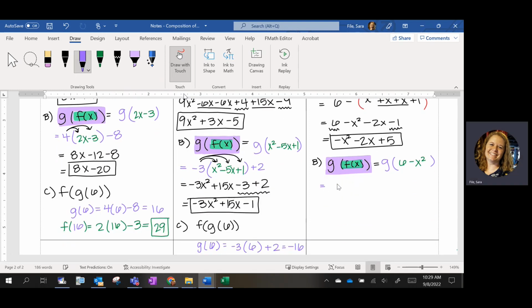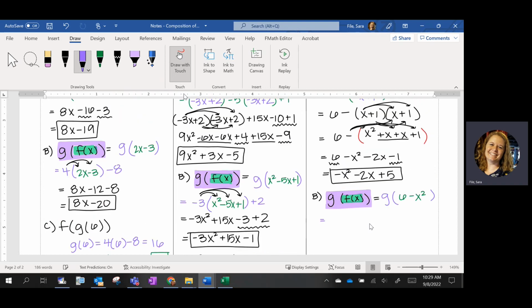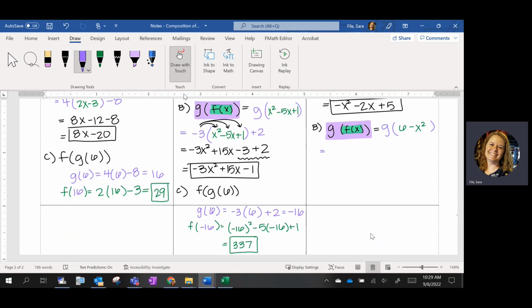The g function is x plus 1, so it's just going to be the parentheses plus 1. And we're inputting the 6 minus x squared.